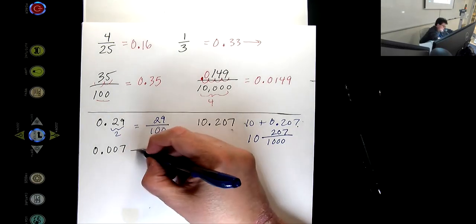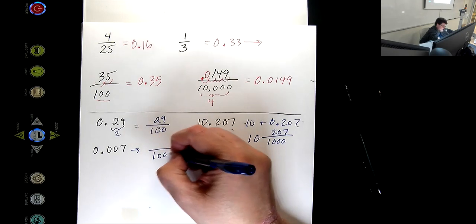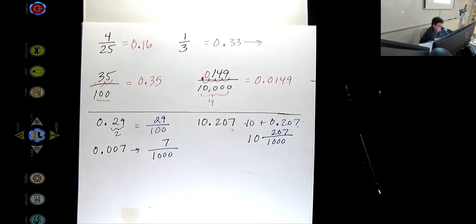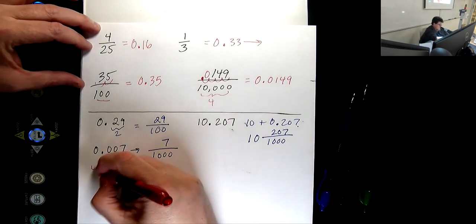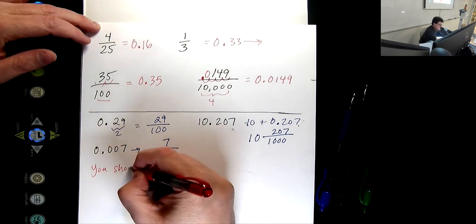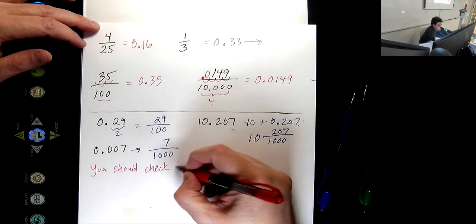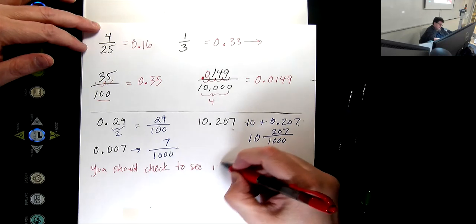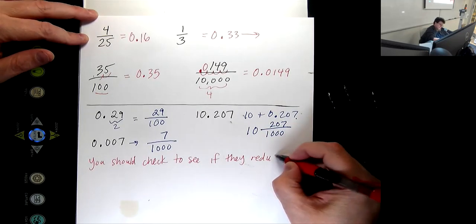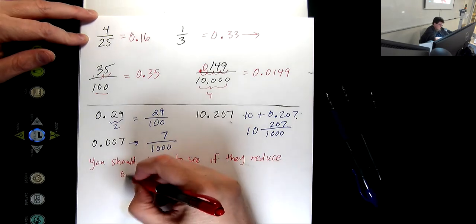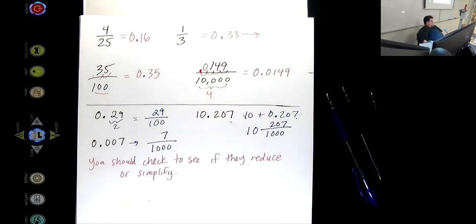And here I've got 3 decimal places. So I put 3 zeros on the bottom and put 7 on top. You should always check to see if these fractions reduce, or simplify, by finding the factors and seeing what cancels out.